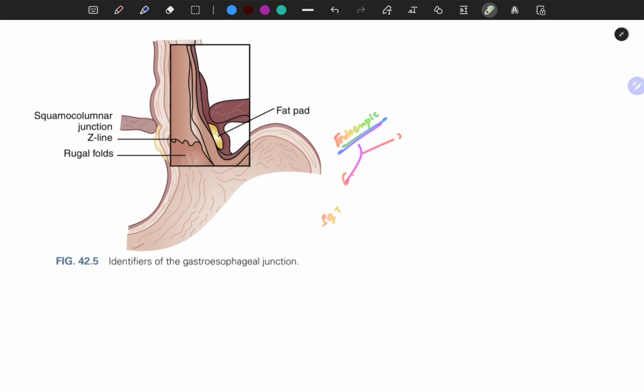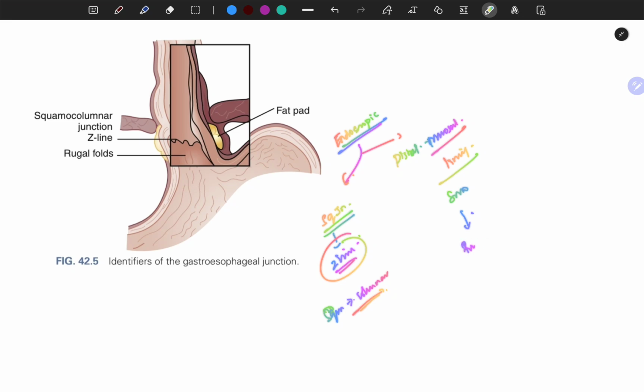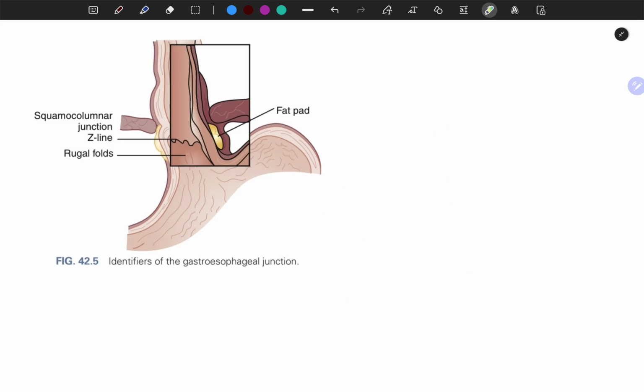One is the squamo-columnar junction, which is nothing but the Z-line, where the squamous epithelium transitions to a columnar epithelium. Another point is the distal mucosal folds: the lining of the esophagus is very smooth in nature and transitions to the rugal folds of the stomach, and this is a very important gastroesophageal junction marker.